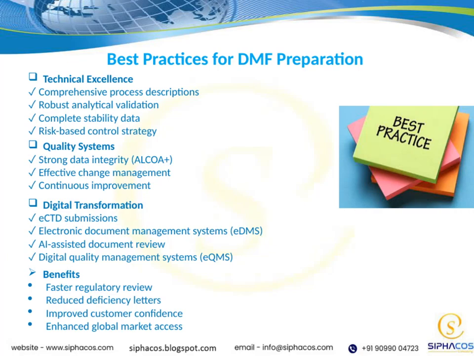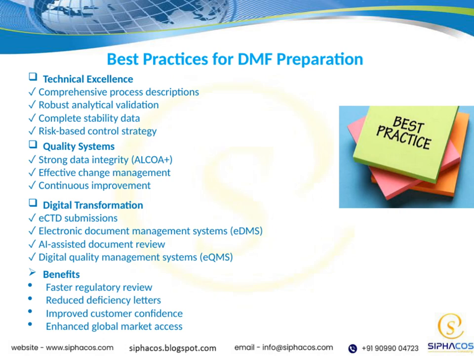When preparing a drug master file, we need to focus on 3 key areas. First, technical excellence. That means thorough process descriptions, solid analytical validation, complete stability data, and a control strategy based on risk. Next, quality systems: strong data integrity, effective change management, and a culture of continuous improvement.